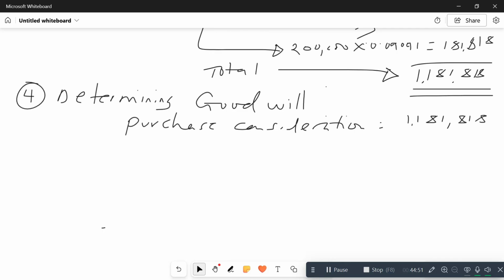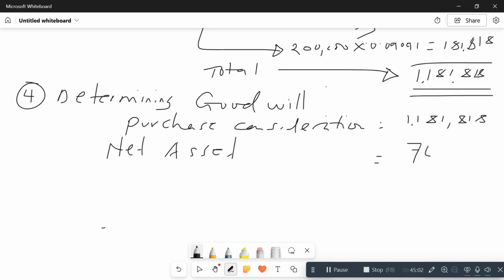But net asset, because this is what you are buying. You are paying for net asset, it was 740. Think about this. You got the business, when you calculate, you add all the assets, you subtract the liabilities, what remains as your net asset?